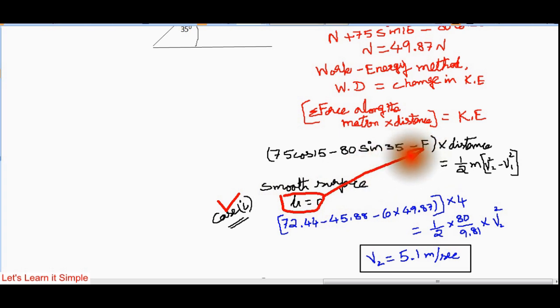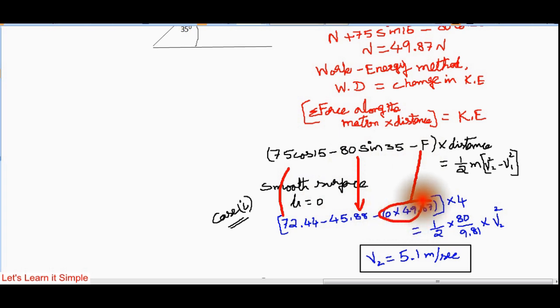Now the forces like 75 cos 15 becomes 74.44 and 80 sin 35 becomes like this, and the force of friction vanishes since mu is equal to 0. Now this is multiplied by the distance traveled, which is part of the question. So upon solving we'll get v2 as 5.1 meter per second if the surface is smooth.